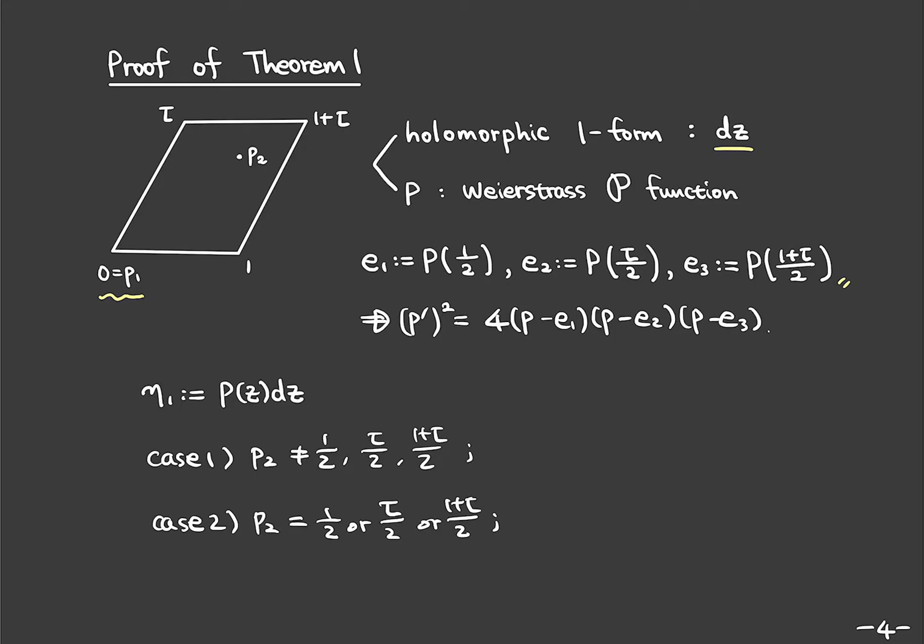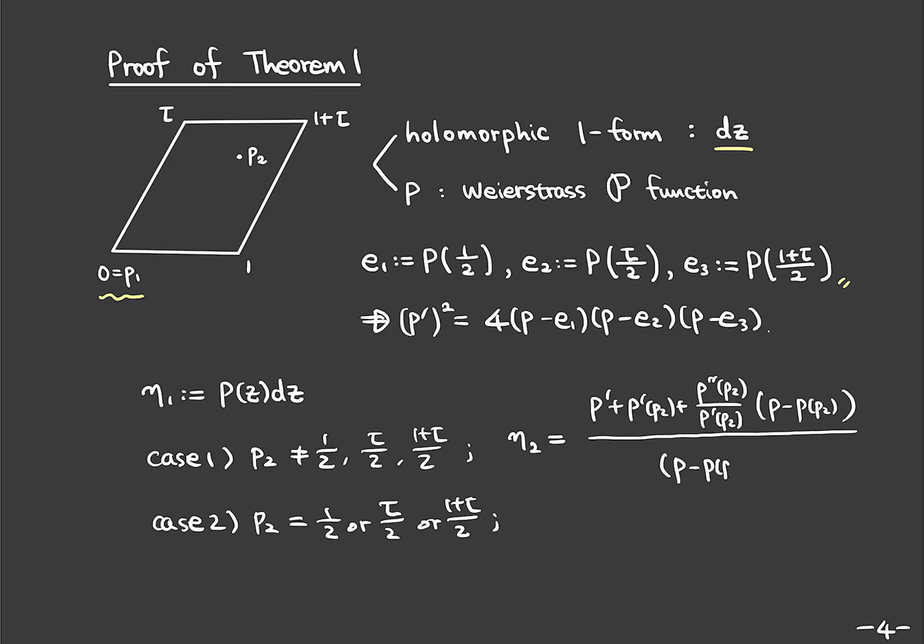So in the first case, eta 2 can be given by this, over dz. And in the second case, eta 2 can be given by this.